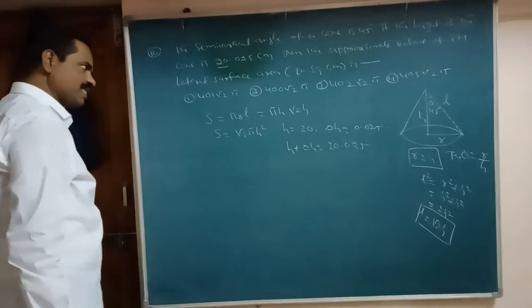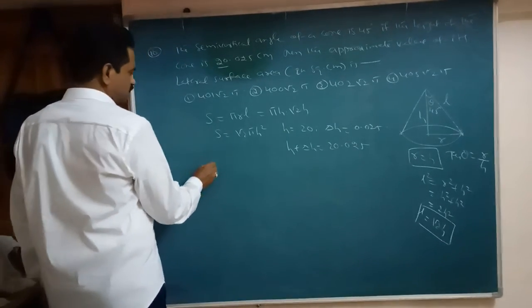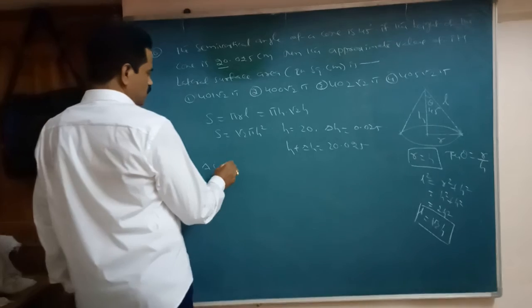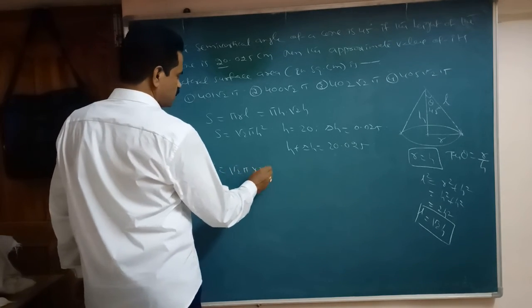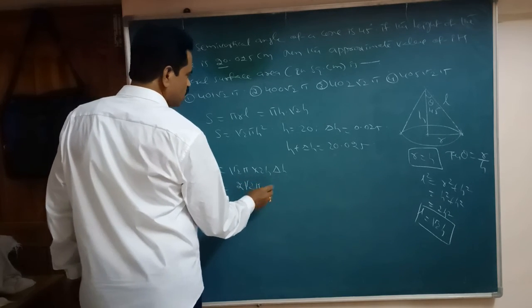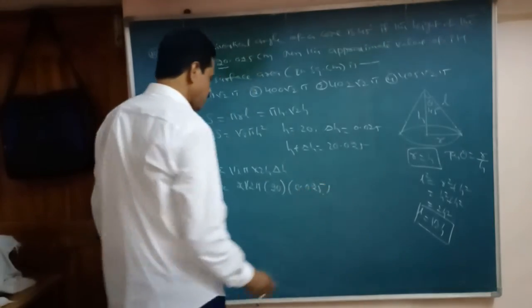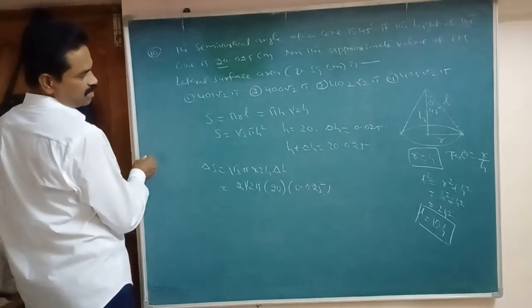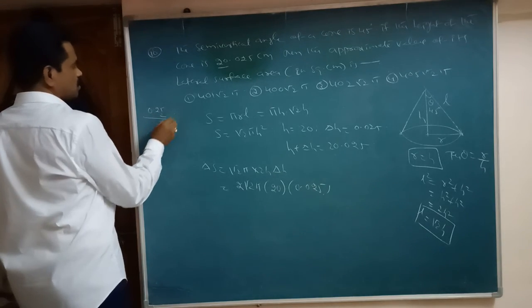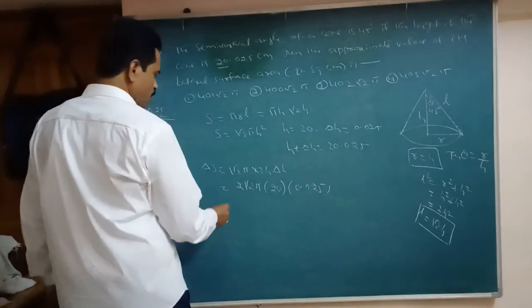First find delta S. Delta S equals root 2 pi into 2H into delta H, that equals 2 root 2 pi into H, which is 20, into delta H, which is 0.025.